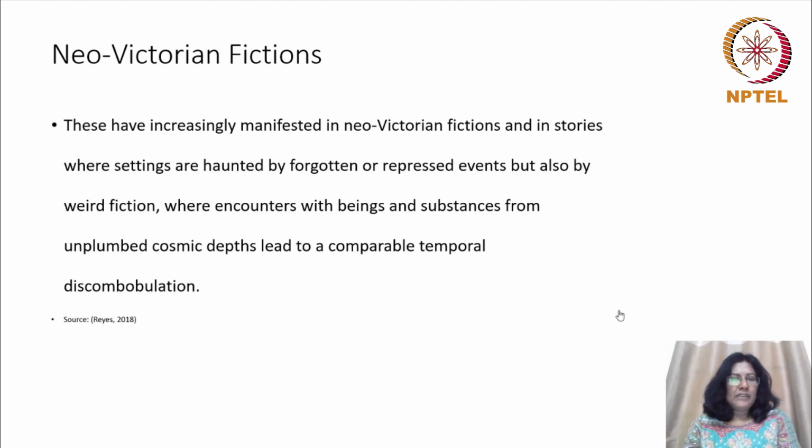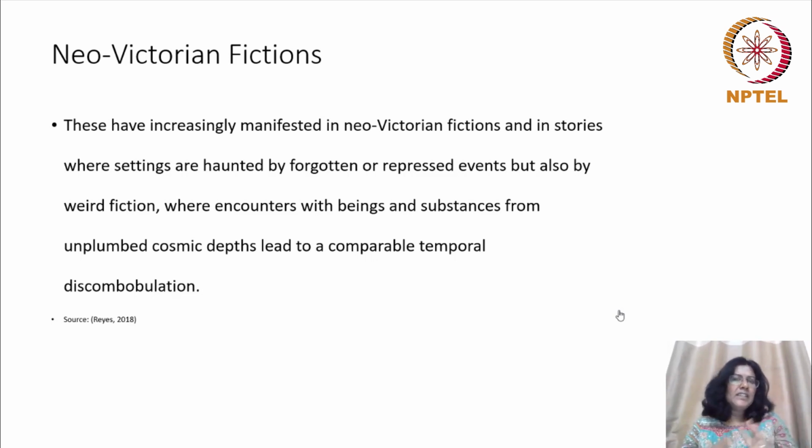One is the Neo-Victorian fictions, where we have things and peoples and settings from the Victorian period being used in contemporary settings, and this talks about forgotten or repressed events. But we also have a different kind of fiction where we have characters and substances and beings from cosmic depths, which are extraterritorial, and these lead to a confusion in temporality.